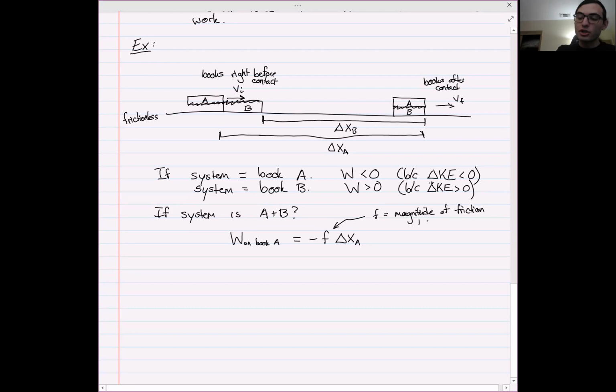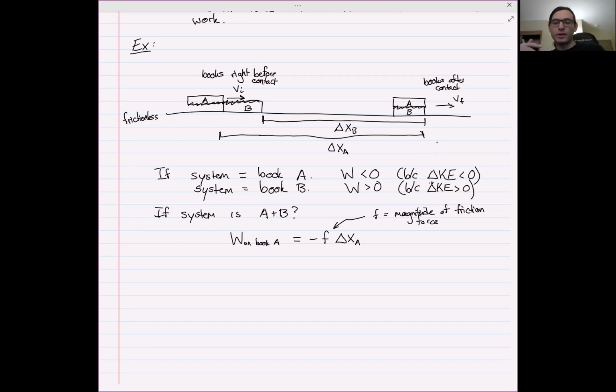So we know it should be negative. The magnitude is positive. Right, sorry, it's an abbreviation I use. So F is positive. We know delta X is positive because it's just the distance.